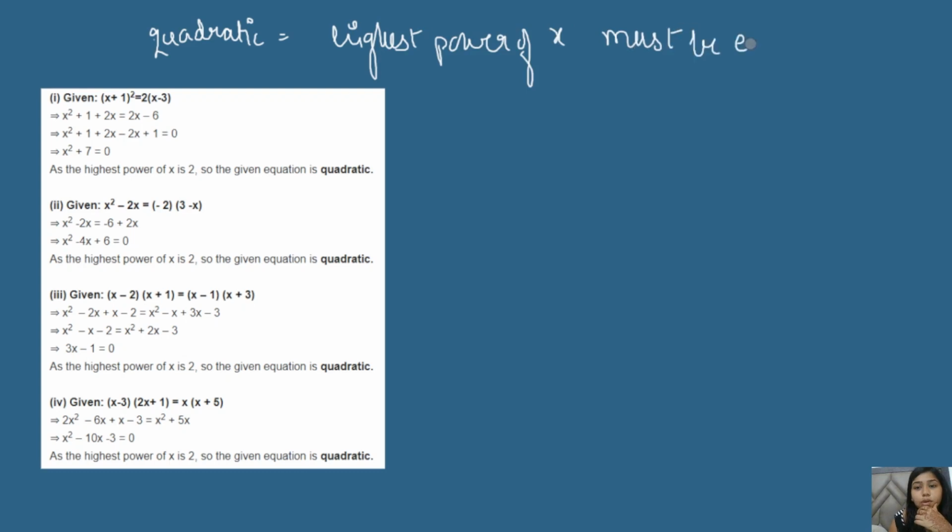If the highest power of x equals 2, only then is the equation quadratic. So let's solve them. The equation given here is x plus 1 whole square equals 2x minus 3.